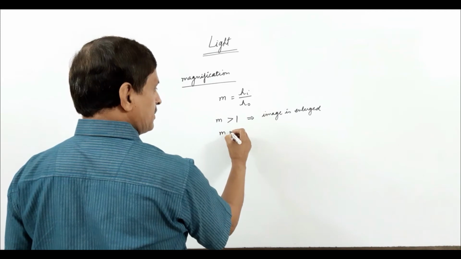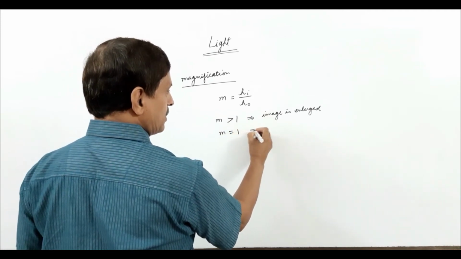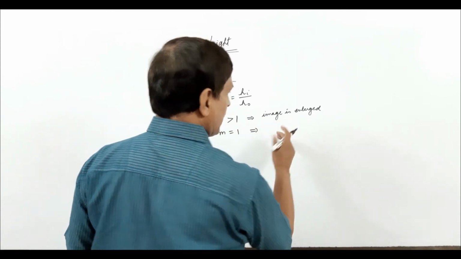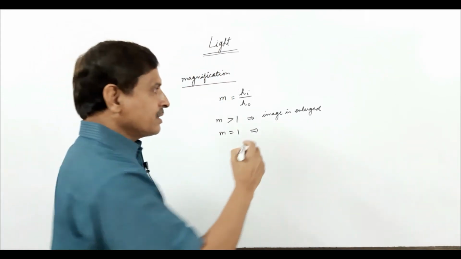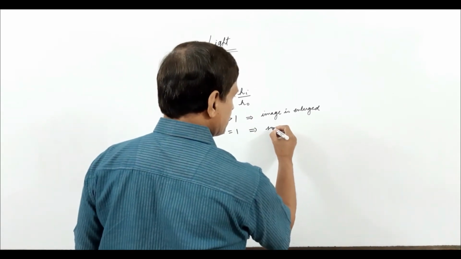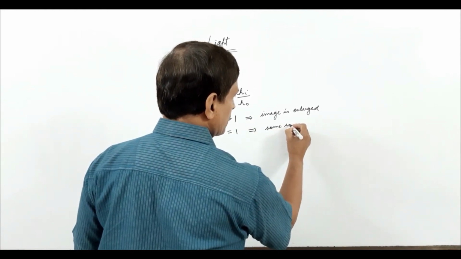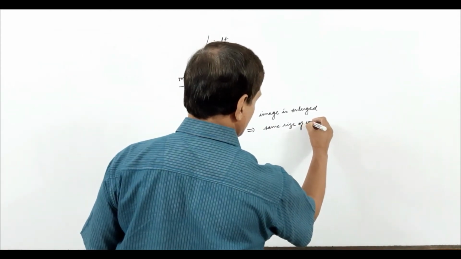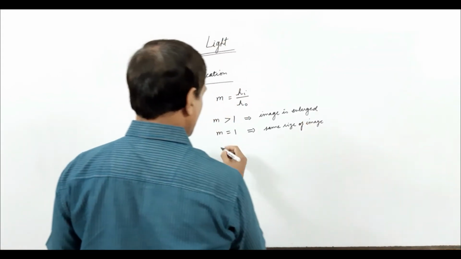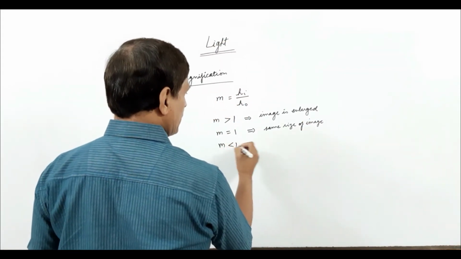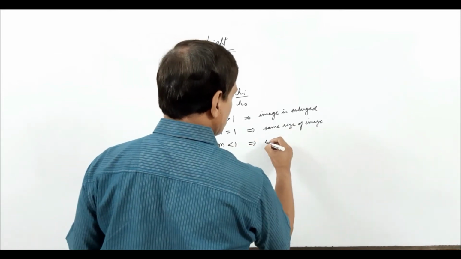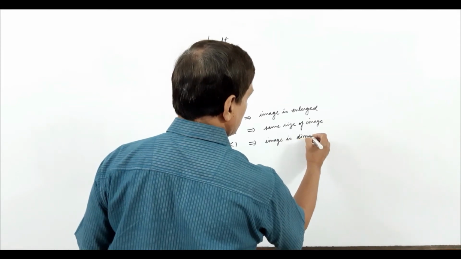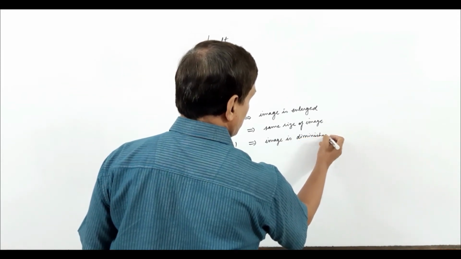If the magnification value is equal to 1, then the height of the image is equal to the height of the object, so the image is of the same size. If magnification is less than 1, it implies the image is diminished.